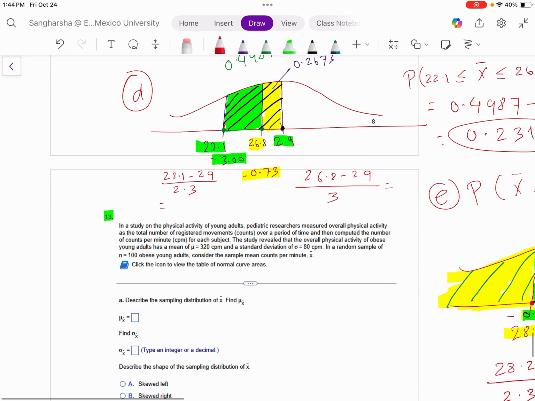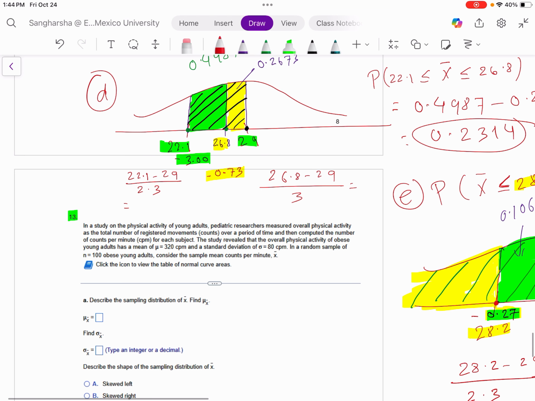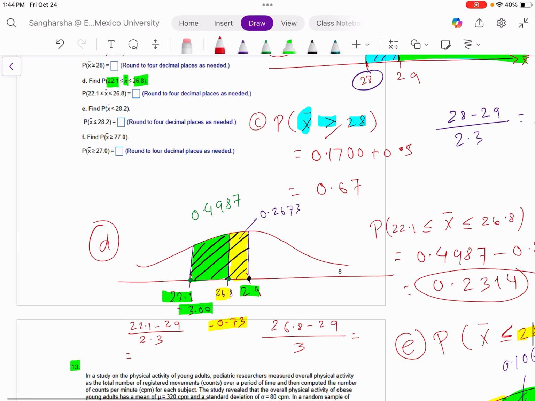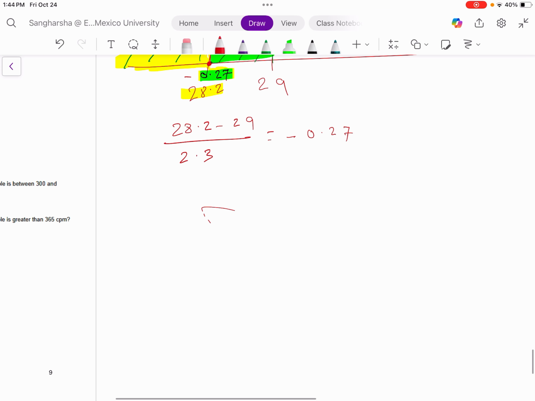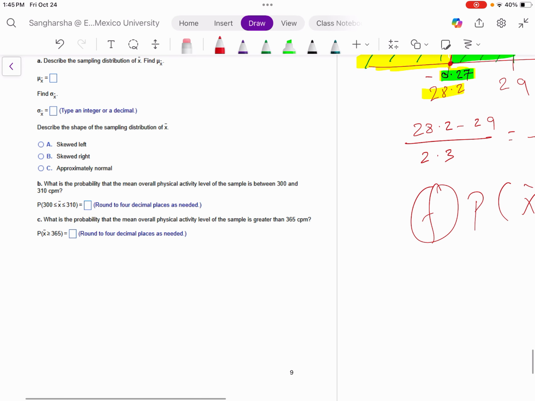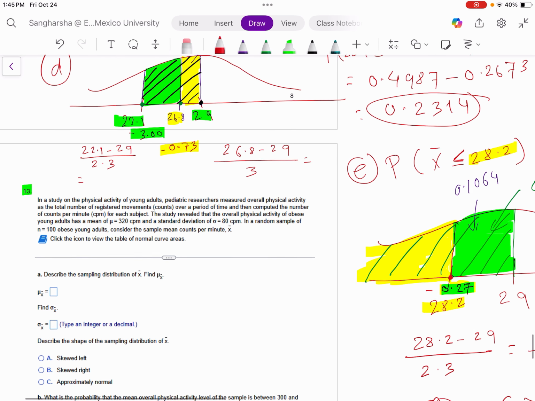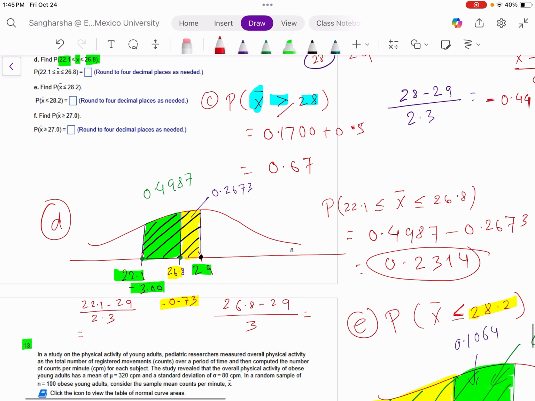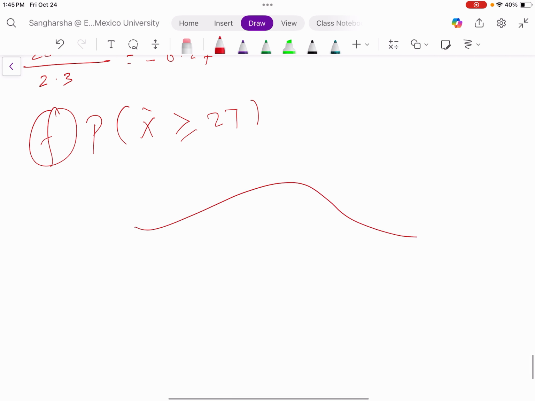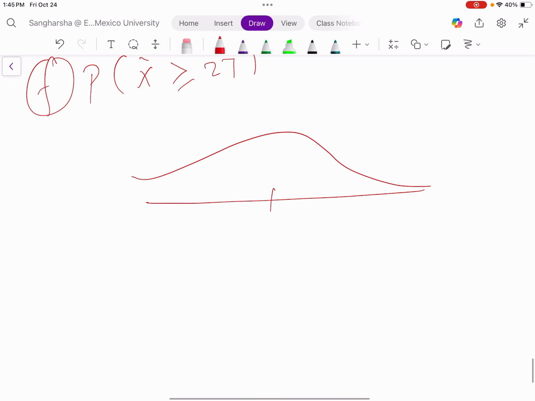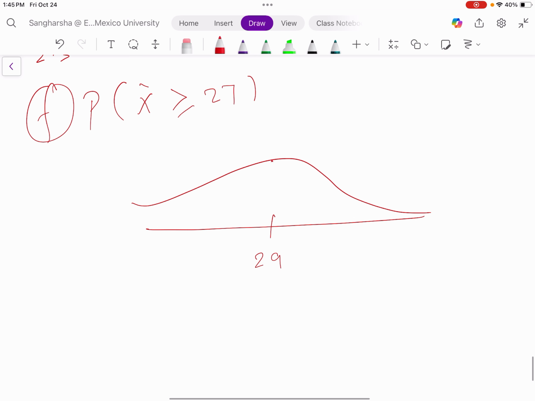In number F, we are asked to find the probability that x bar is greater than or equal to 27. Let me double check that. Greater than 27, yes. It's very similar. Draw a bell shape. 29 is mu.